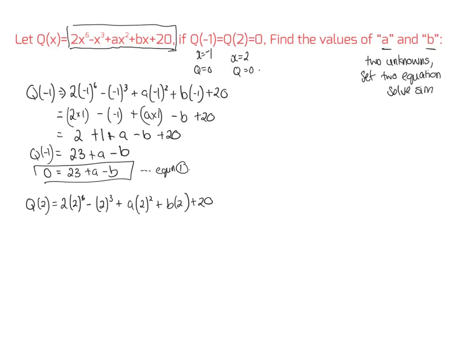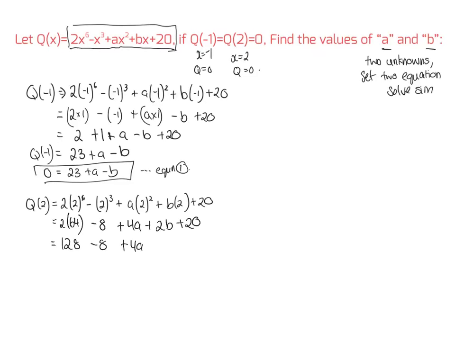Okay, if we work out that 2 to the power of 6 is actually 64, minus 8, plus 4a plus 2b plus 20. So 2 times 64 is 128 minus 8.